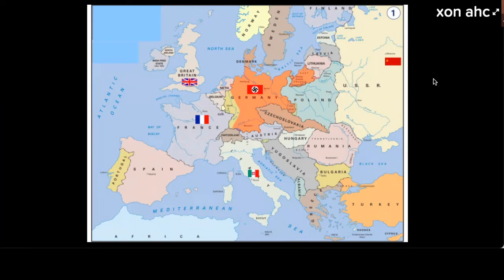Starts with an R, ends with land. The Rhineland. Rhineland. Up here, if you need it spelled. So the Treaty of Versailles said that that Rhineland was not available for military occupation.